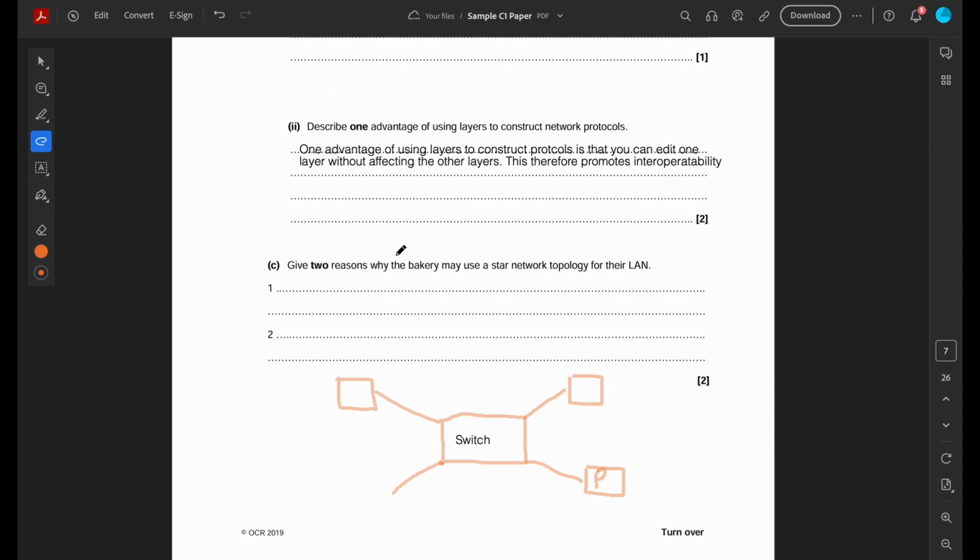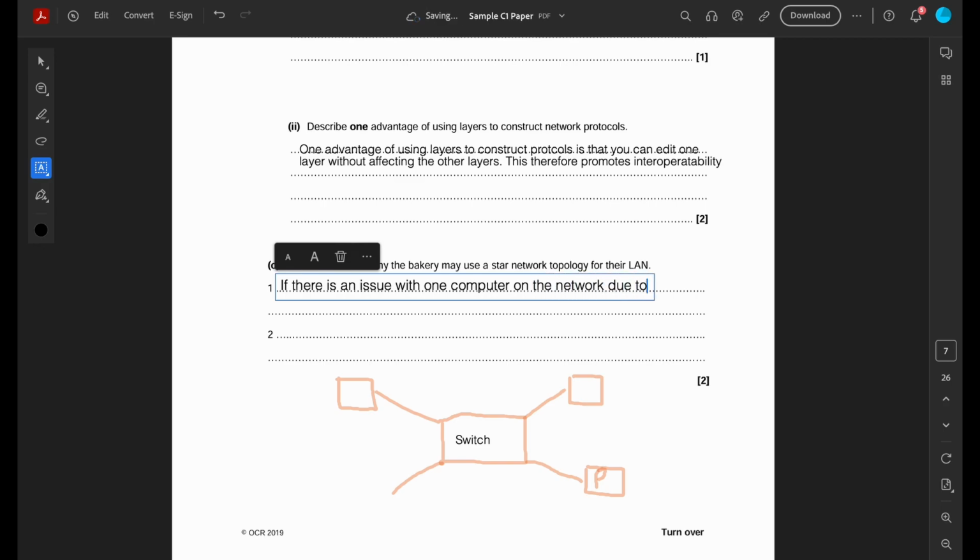So we've got to think about the reasons why the bakery might use a star topology. Well, we can put down that if there is an issue with one computer on the network due to a damaged cable, then only that computer is affected.